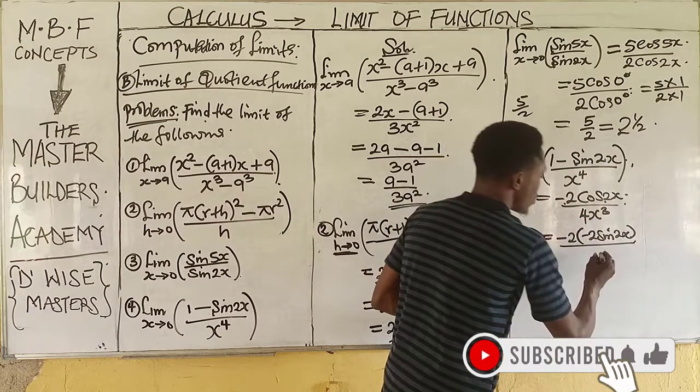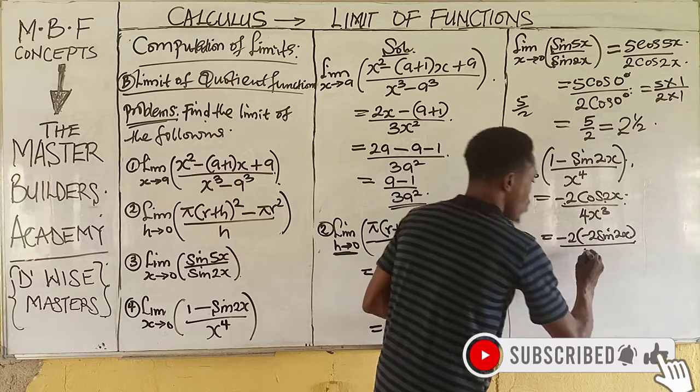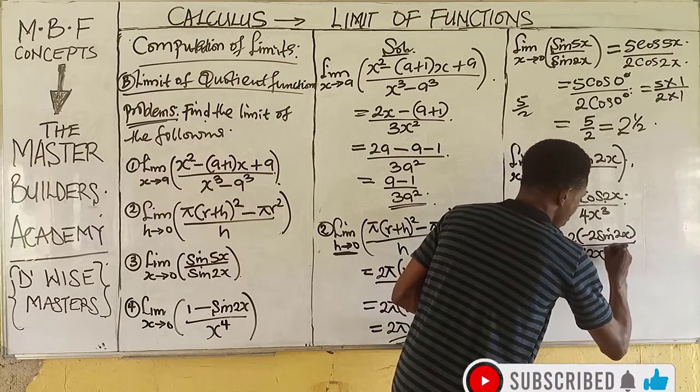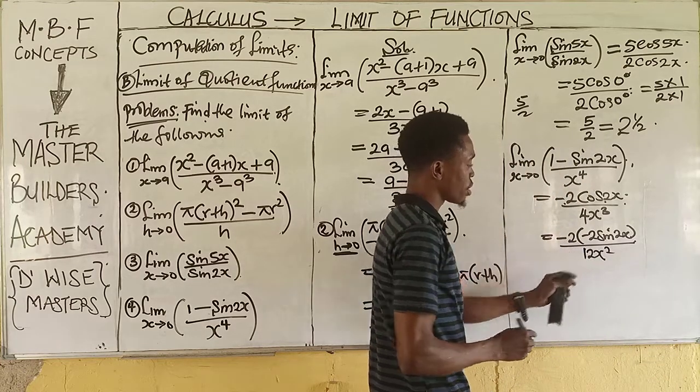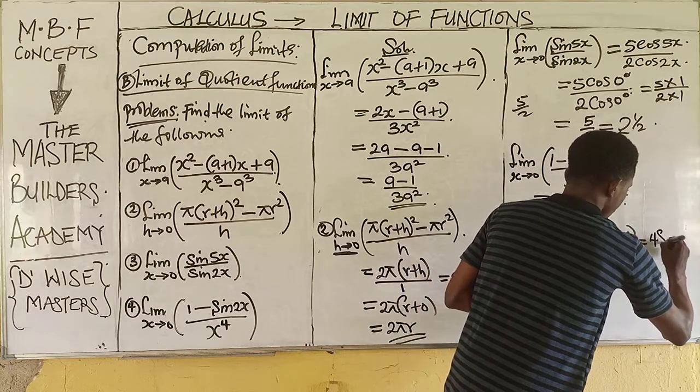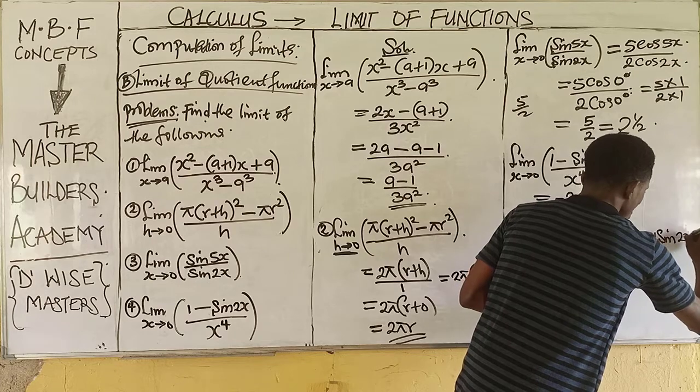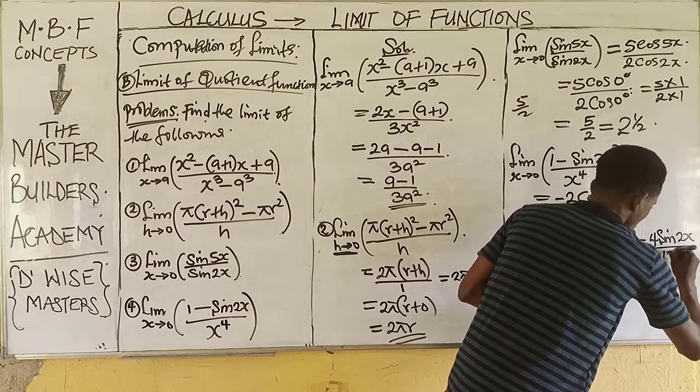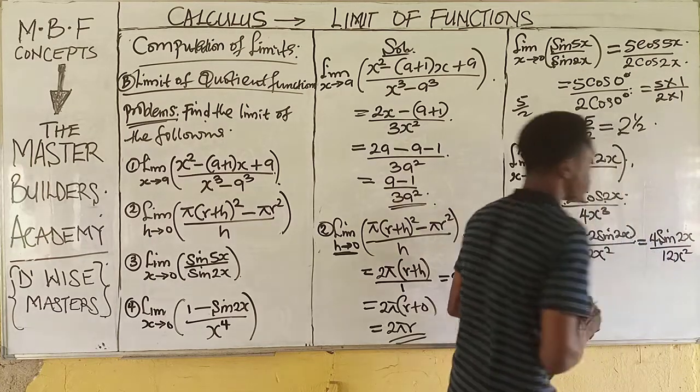When I differentiate this, we will have 3 multiplied by 4, and this is 12x squared. Now, at this point, when we simplify this out, this will have given us 4 sine 2x over 12x squared.